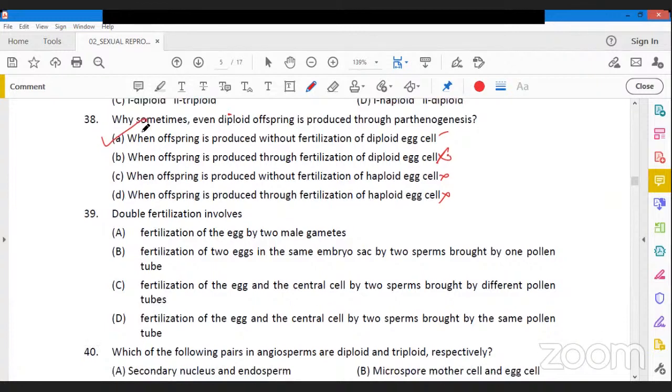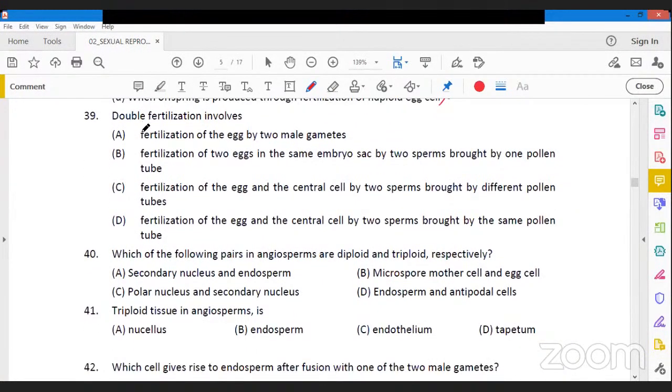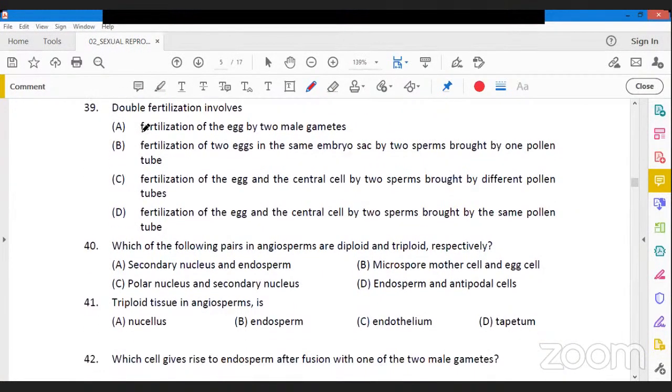Done. So now go to the 39th question. What does double fertilization involve? Fertilization of the egg by two gametes is wrong. Fertilization of two eggs in the same embryo sac by two sperms through one pollen tube is wrong, there are no two eggs.